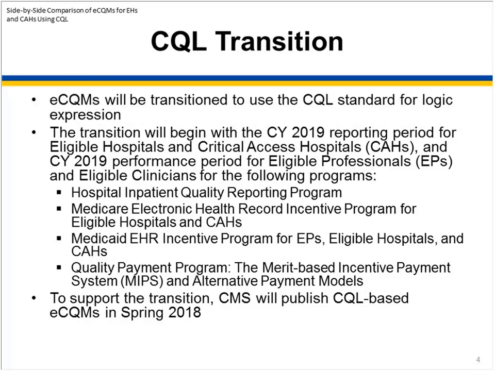The transition to reporting CQL-based measures will begin with the calendar year, CY 2019 reporting period for eligible hospitals and critical access hospitals, and calendar year 2019 performance period for eligible professionals and eligible clinicians participating in the following programs: the Hospital Inpatient Quality Reporting, or IQR program, the Medicare Electronic Health Record Incentive Program for eligible hospitals and critical access hospitals, the Medicaid EHR Incentive Program for eligible professionals, eligible hospitals, and critical access hospitals, as well as the Quality Payment Program, the Merit-Based Incentive Payment System, MIPS, and alternative payment models.